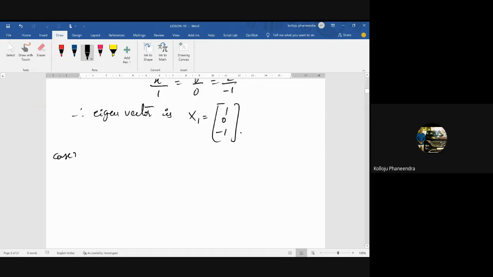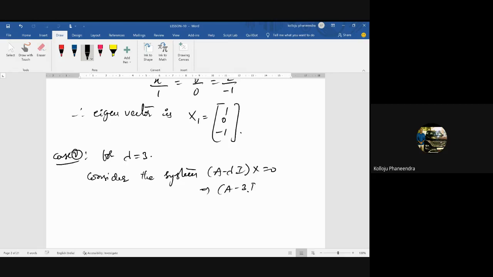Coming to the second case, the next eigenvalue is 3. So consider the system (A minus lambda I) x equal to 0, that is (A minus 3I) x equal to 0.